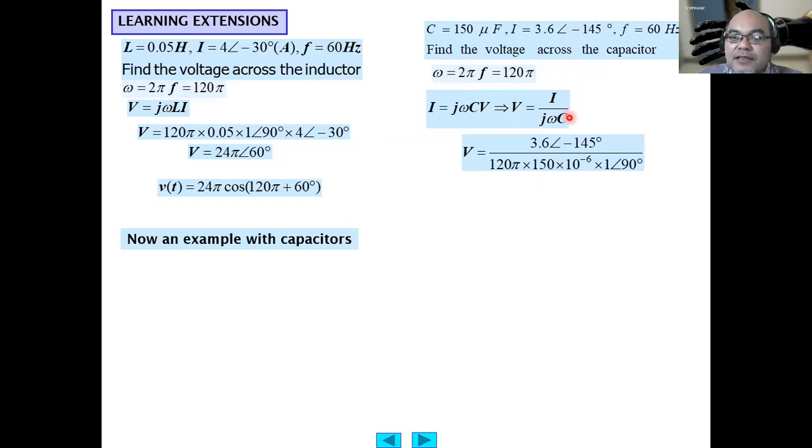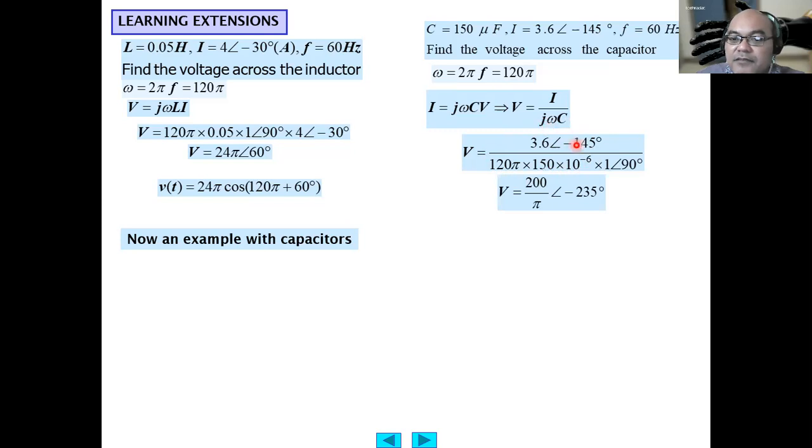Current is 3.6 with a phase angle of minus 145 degrees, divided by j, which becomes 1 with a phase angle of 90 degrees, times omega, 120 pi, times C, 150 microfarad. From here, the magnitude will be 3.6 divided by 120 pi times 150 microfarad.